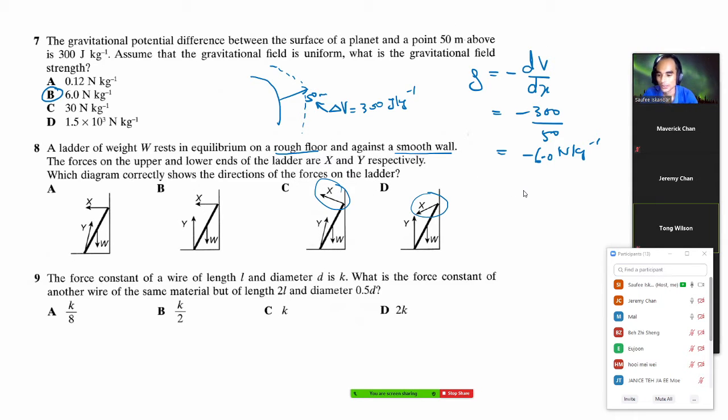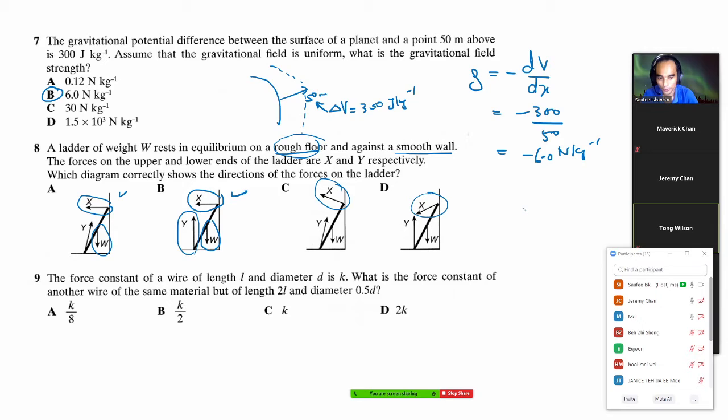So which one, A or B? X is already correct on this side. W is also correct because W is of course pointing down. Because there is a rough floor over here, Y cannot be pointing like this.